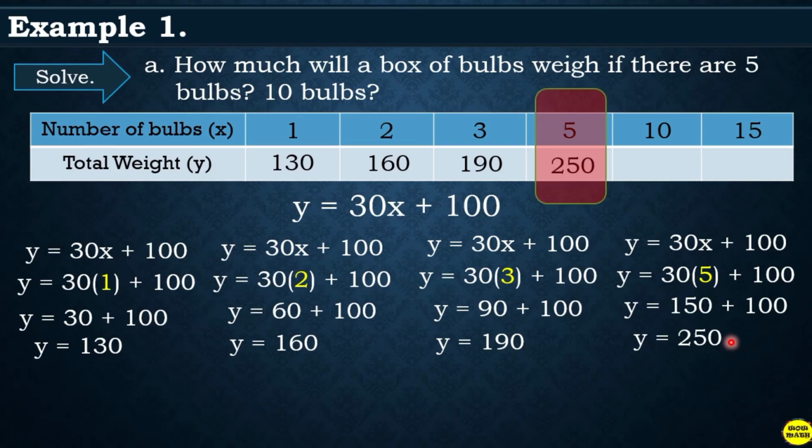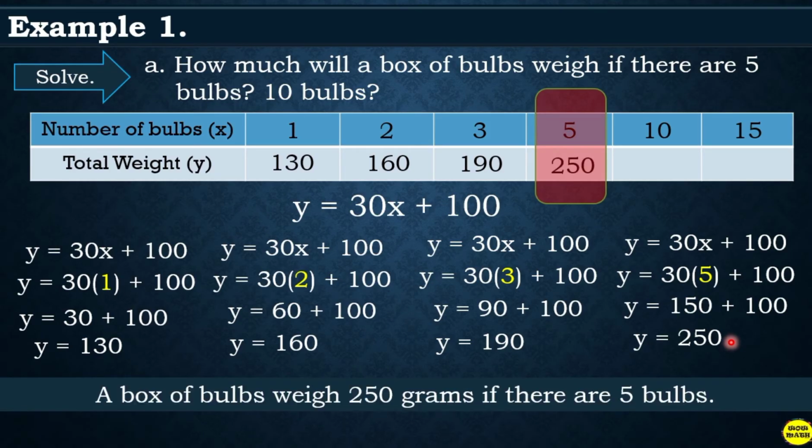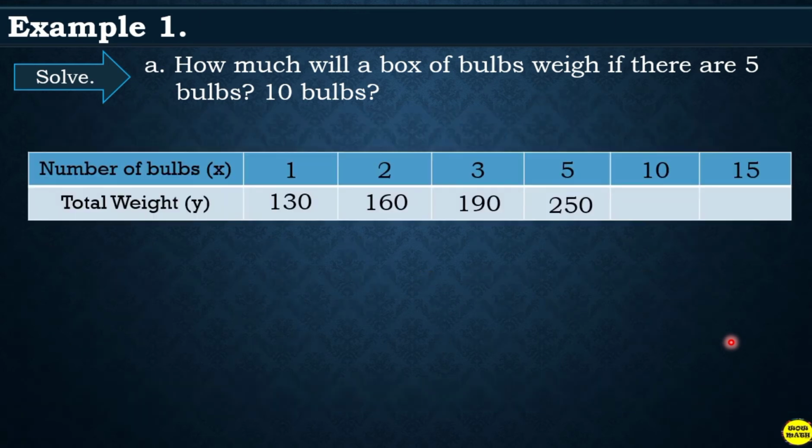So, ito ang sagot natin. So, therefore, a box of bulbs weigh 250 grams if there are 5 bulbs. Okay. So, ang timbang na ngayon ng box na may lamang 5 bulbs is 250 grams.